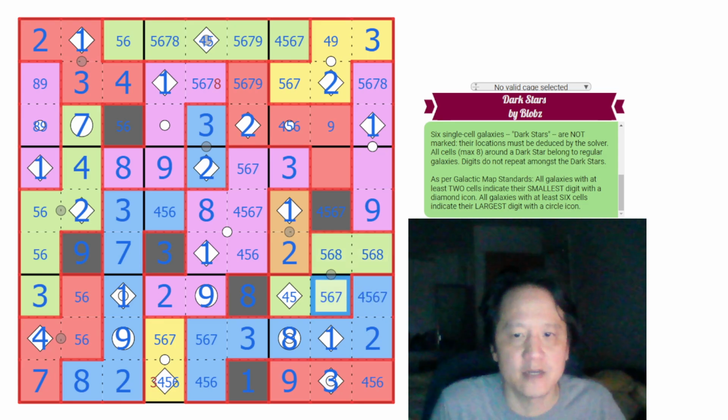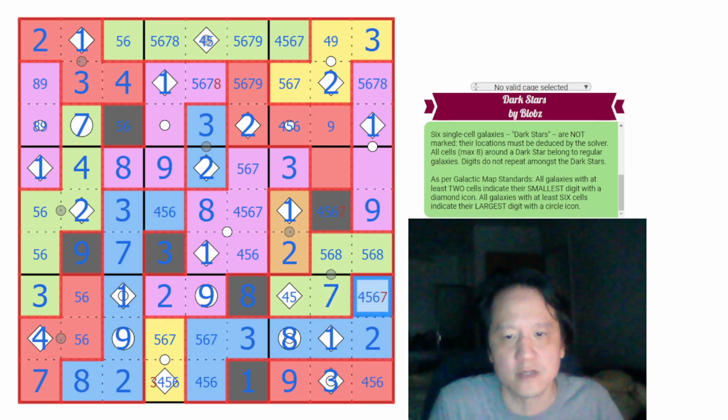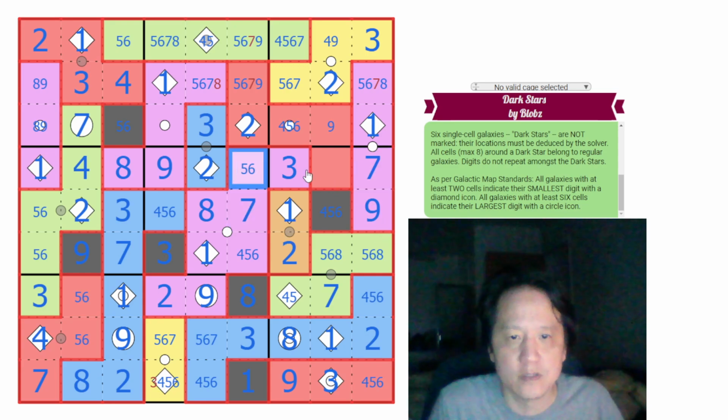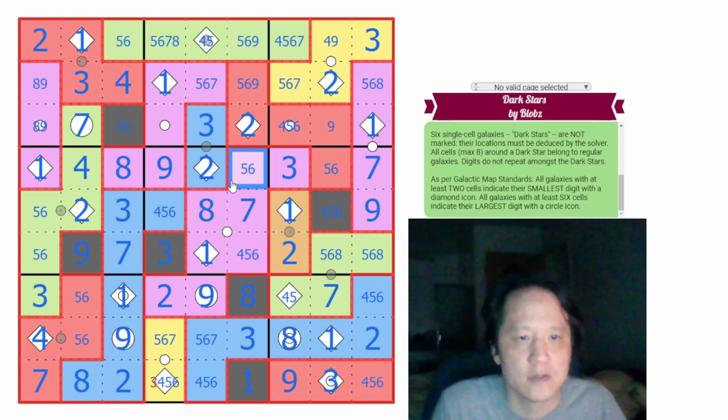So this has to have a 7, because it's either 4, 5, 6, 7 or 5, 6, 7, 8, so that's 7. This can't be 7, so none of these can be 7, so this has to be the 7, which means that's the 7. So no 7, this is 5, 6. This can't be 7, no 8, no 7.